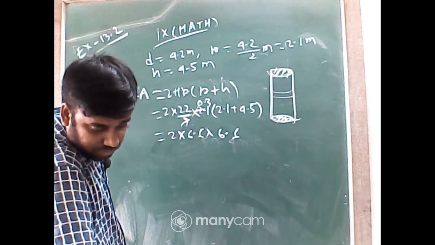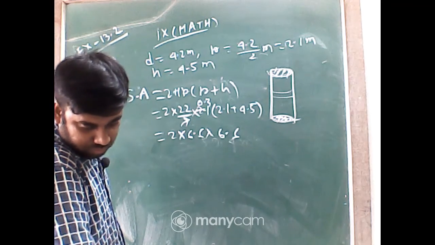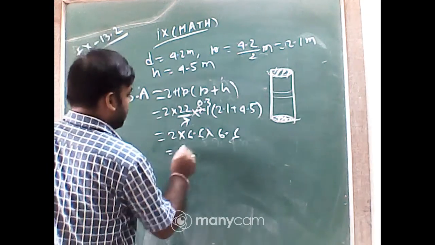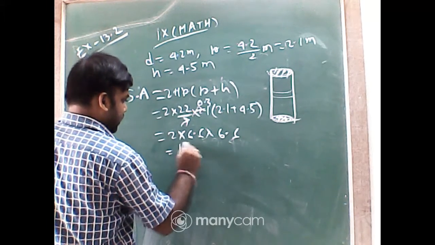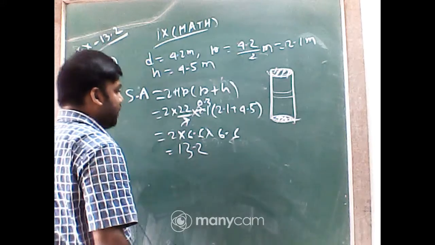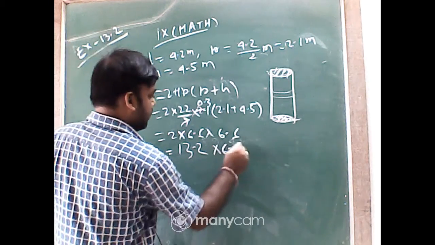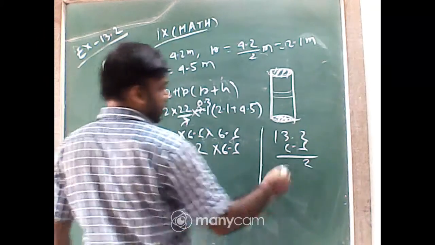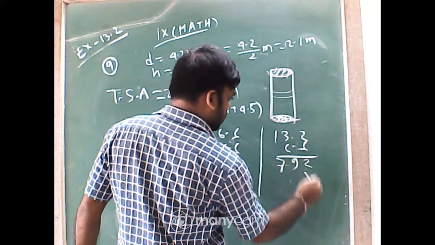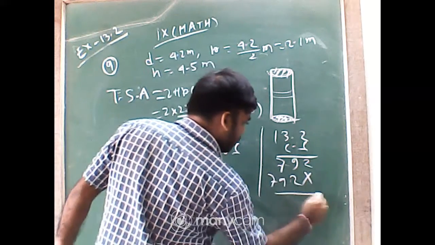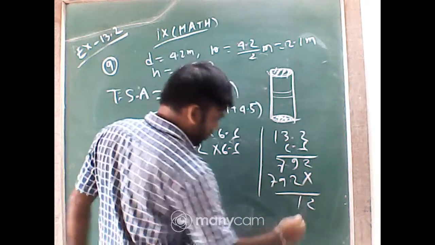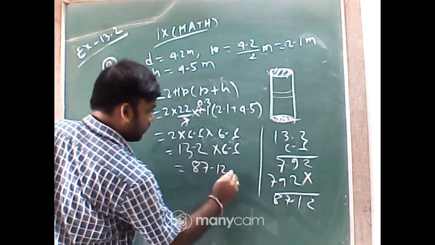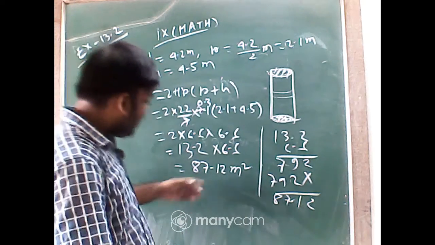Okay, just calculate it. 2 into 6.6, that will be 13.2 into 6.6. That is 87.12 meter square.